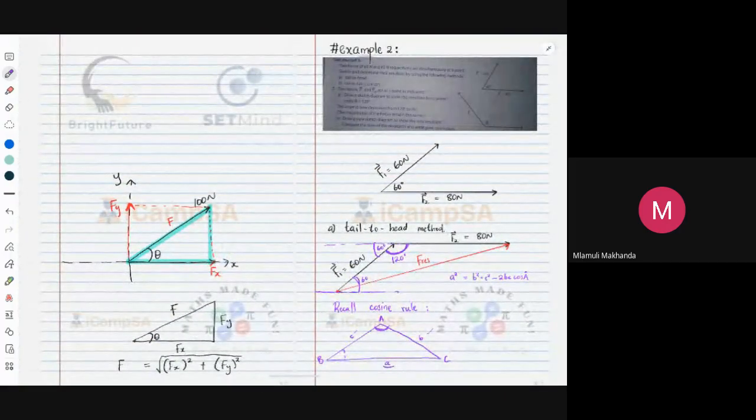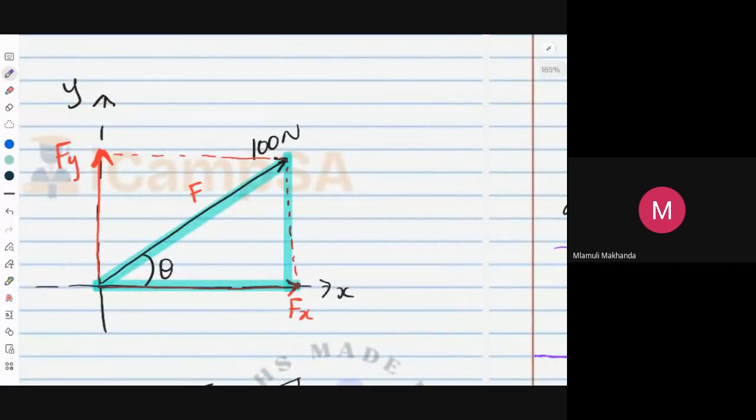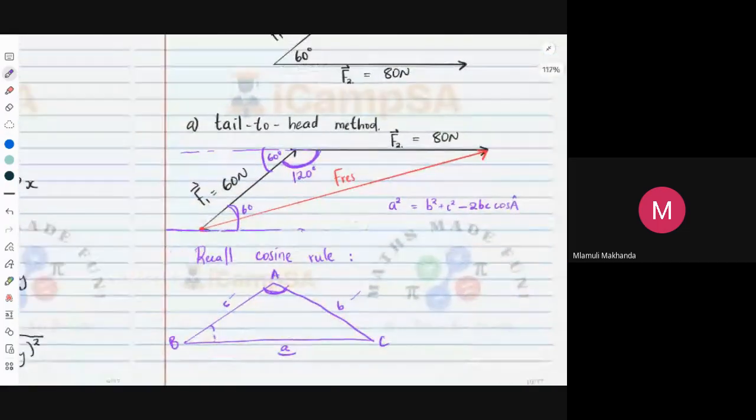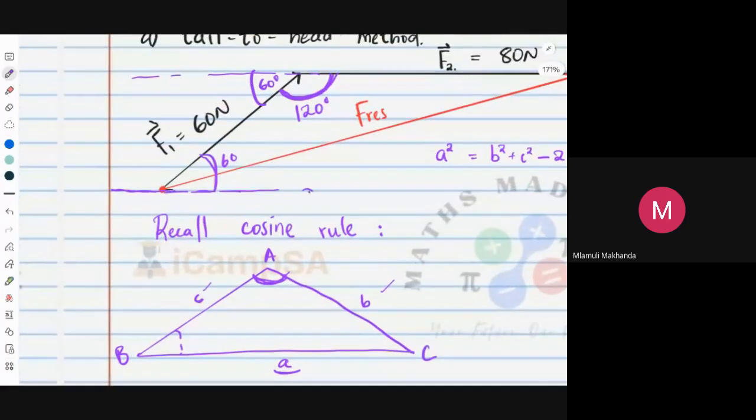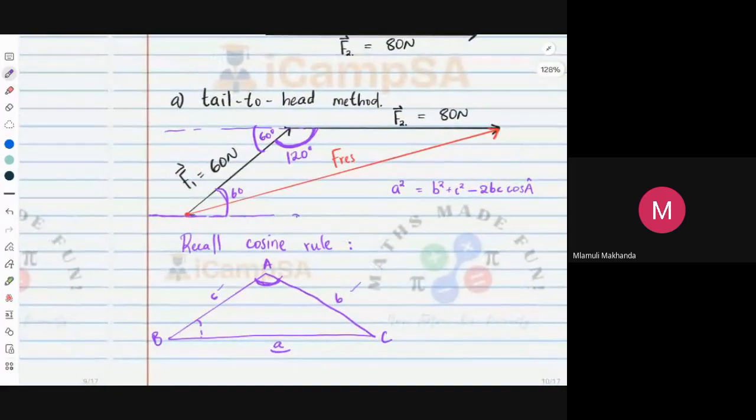We also did one example, and I also showed you how to resolve vectors in general, but we will do this more today as well. You'll see more examples, okay? And then I want to just remember what else. Oh, here we were using the cosine rule. That's just maths, right? It's not necessarily a physics thing.